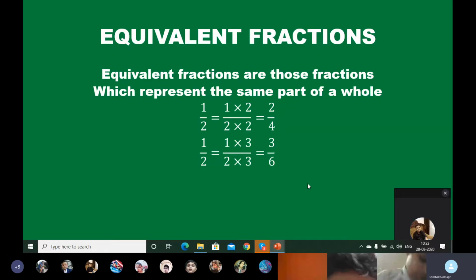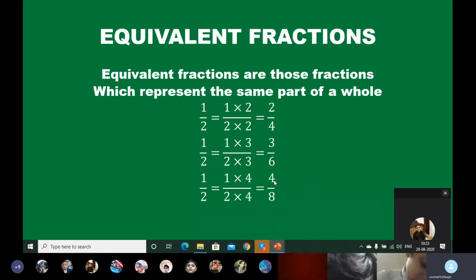Similarly, with 4, I got 4 by 8. If you see, I got 3 values, 2 by 4, 3 by 6 and 4 by 8, right? When you reduce 2 by 4, or 3 by 6, or 4 by 8 to its lowest form, you will always get 1 by 2.